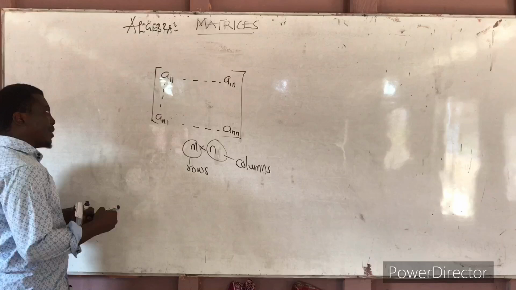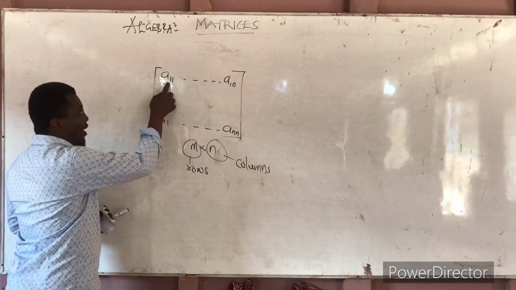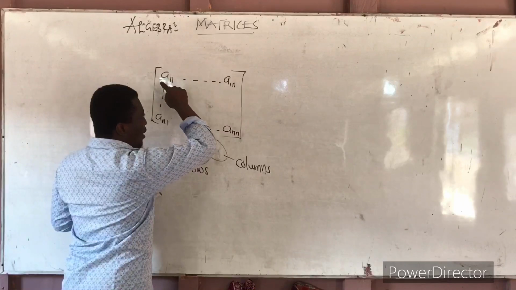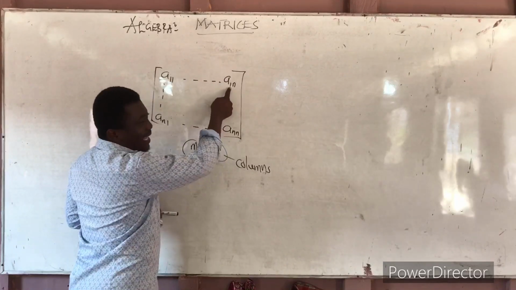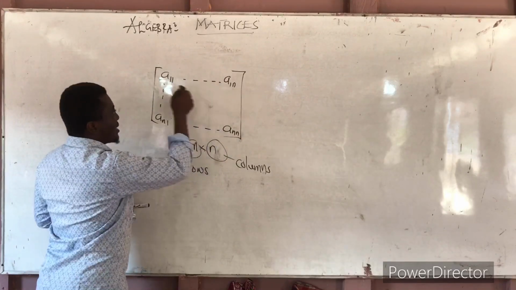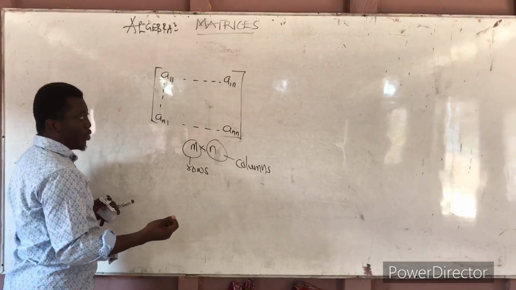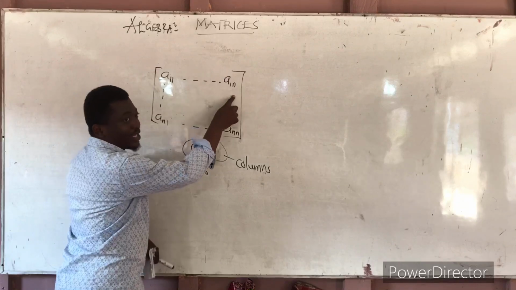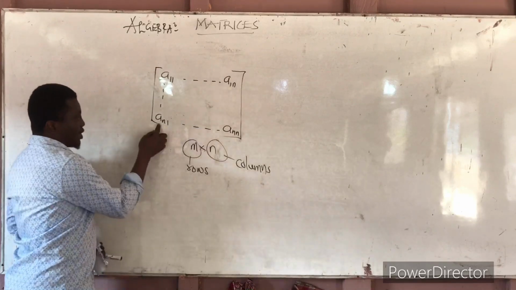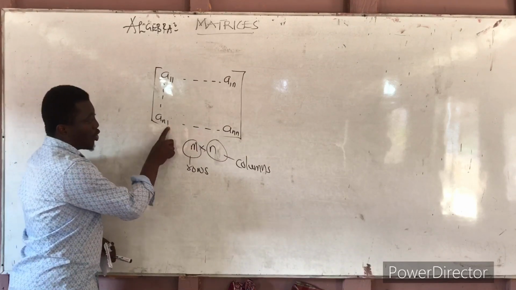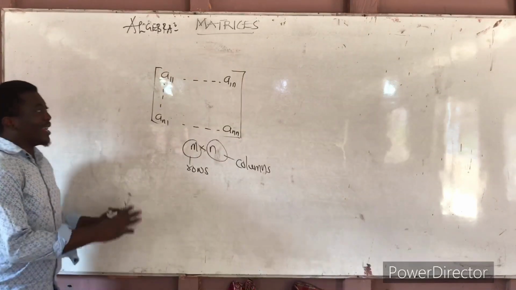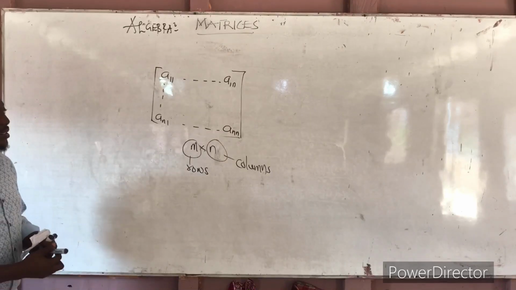So like in that matrix, the first number here, 1, is standing for the row. That's why all of them here start with 1. But the second number stands for the column. That is why this one is column 1, but this one is column n. And this one is row n, column 1. Row n, column n. So basically, this is all about matrix.